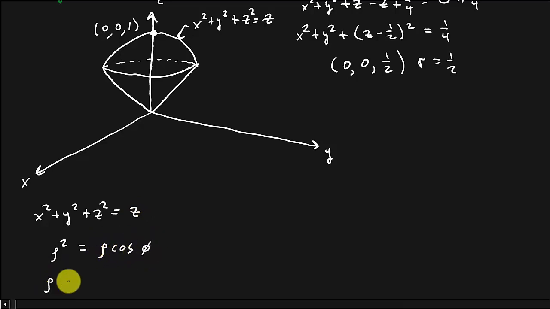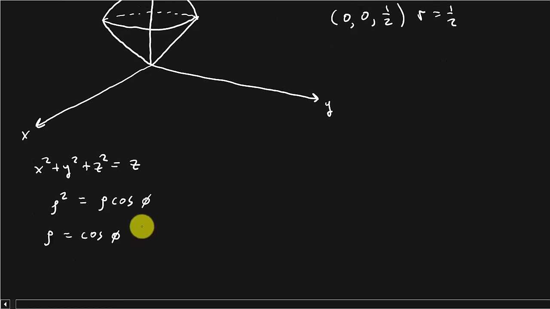And so this tells me rho is equal to cosine phi, after dividing everything by rho. So this right here is the equation of the sphere in spherical coordinates.